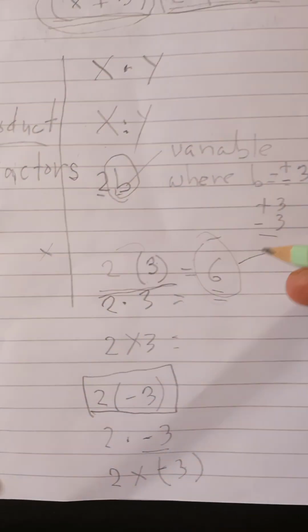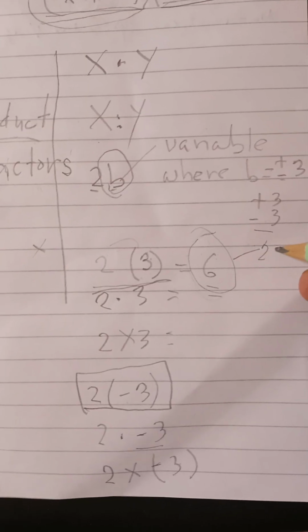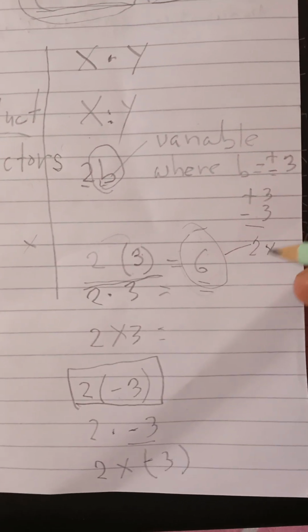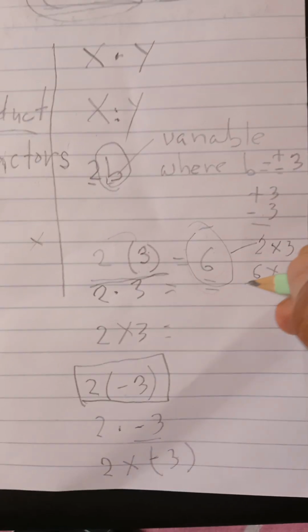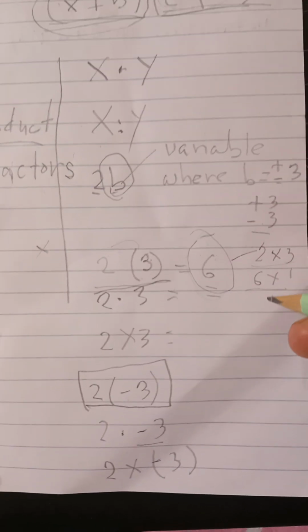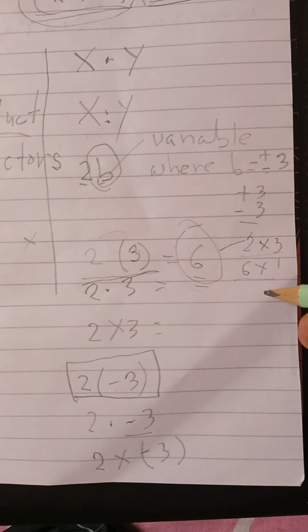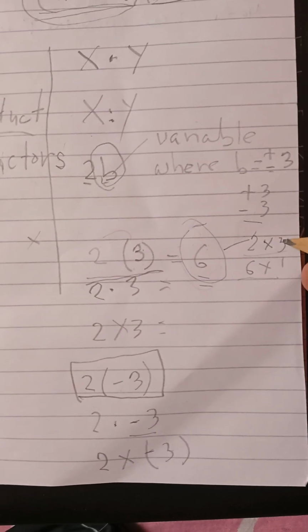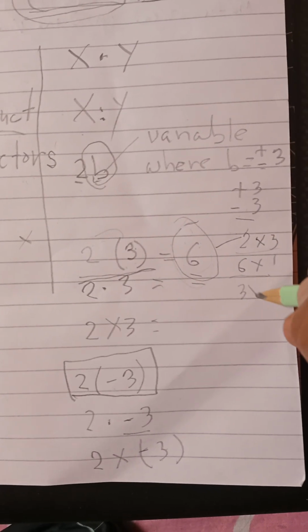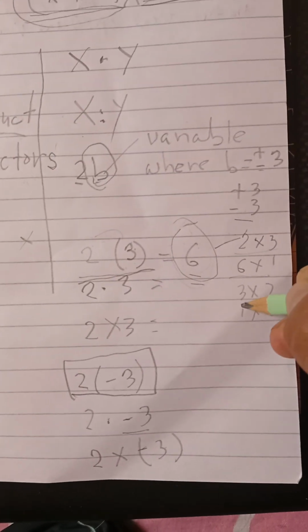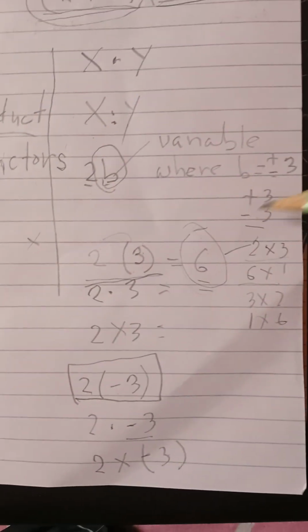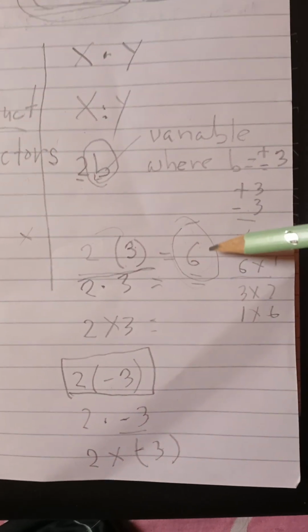Example, 2 times 3, pwede po 6 times 1. So, ang usan is mga factors sa 6. Pwede po og 2 times 3, 3 times 2, 1 times 6. So, kung pangutan-on ka, what are the factors of 6?